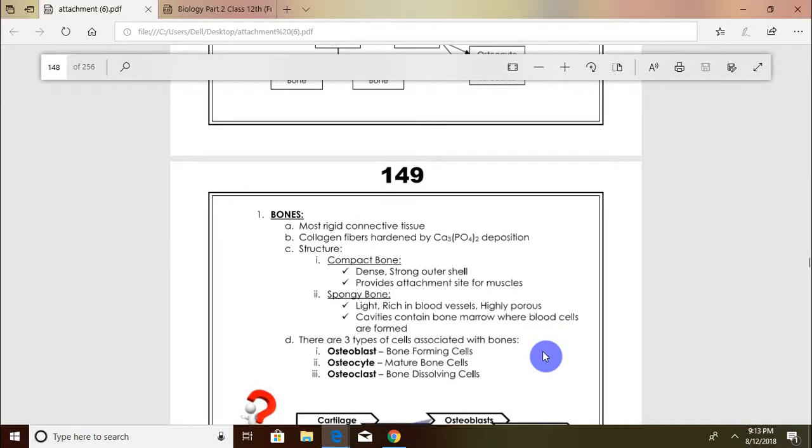So when we talk about bones, we associate three types of cells. Osteoblasts, they are the bone forming cells, right? And you would be surprised, because you would think that osteoblasts are the bone dissolving cells, but contrary to that, it's the osteoclasts which are the bone dissolving, and the osteoblasts which are the bone forming, and the osteocytes are the mature bone cells that are in the intermediate point when bones aren't being formed, neither are they being broken down.